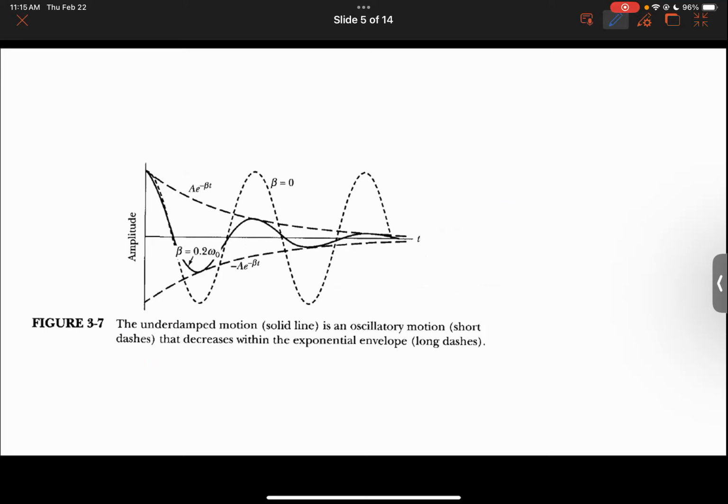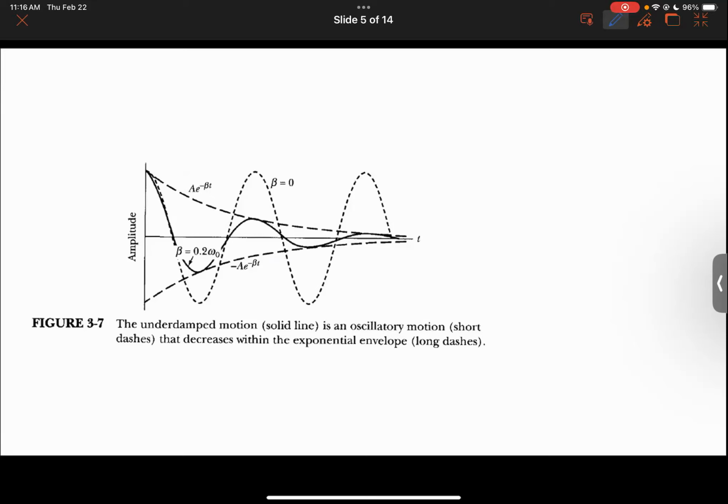So pag beta is equal to 0, this means na wala yung damping parameter. Ibig sabihin walang damping, di ba? You can see this dashed line, and you can see that it's just oscillating without any change in amplitude. Okay, and when there's underdamping, makikita nyo na nag-oscillate pa rin siya, pero yung amplitude niya nagbabago.